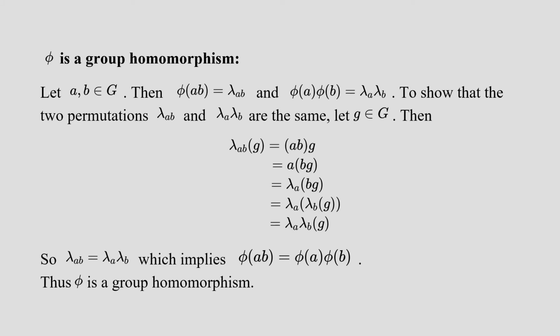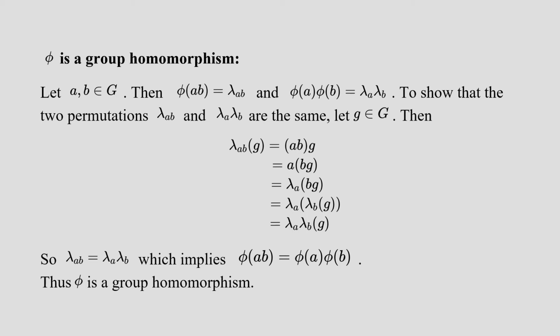Next, we need to verify that phi is a group homomorphism. Let a and b be elements in group G. Then, phi(ab) equal to lambda sub ab, and phi(a) phi(b) equal to lambda sub a times lambda sub b.